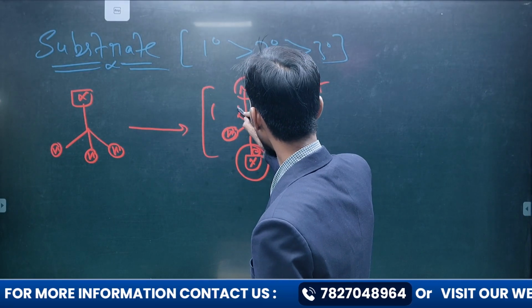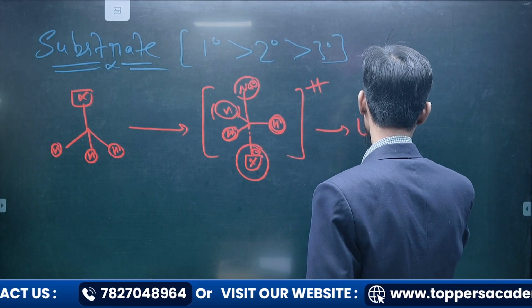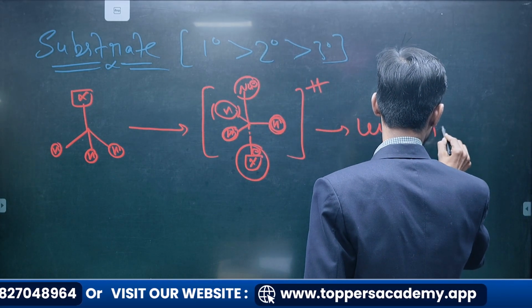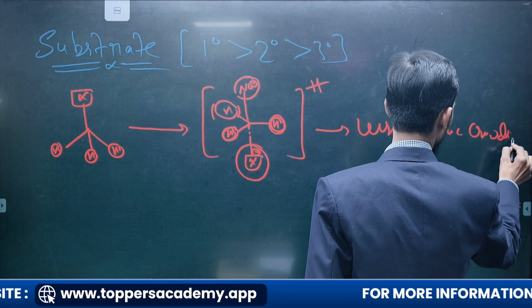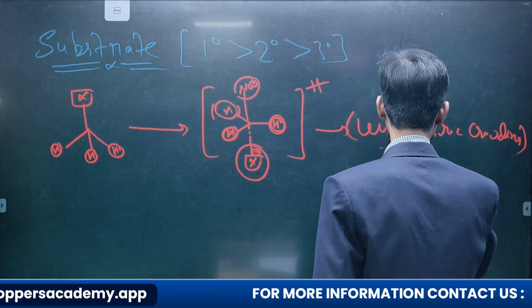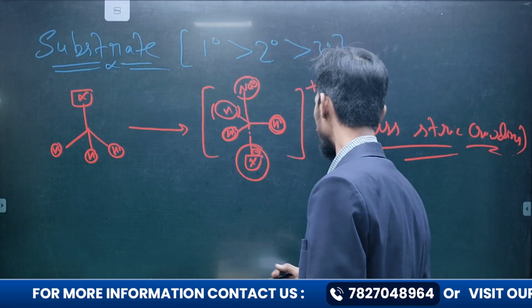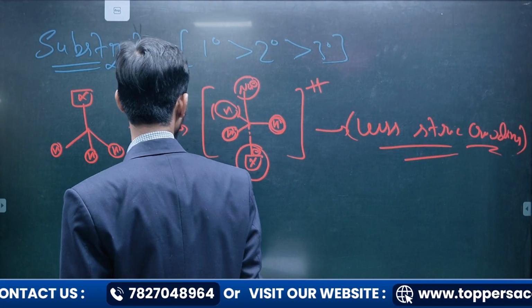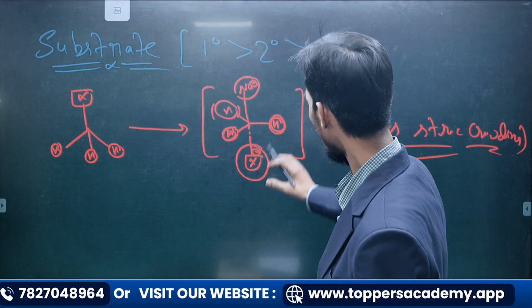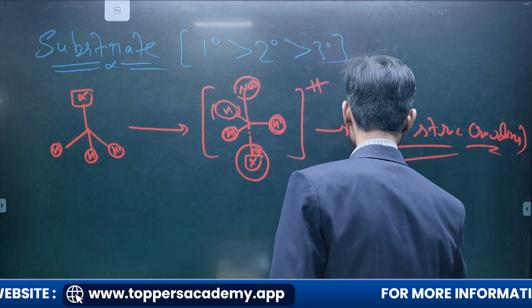There are various other reasons also, but one reason is less steric crowding. There is less steric crowding in 1 degree as compared to 2 degree, so it will prefer 1 degree over 2 degree and 3 degree. Because of the more bulky groups, the transition state will not be stable.